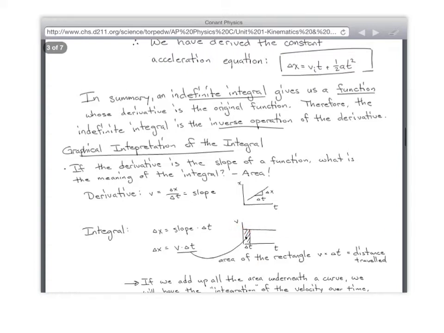Let's say it's 20 miles an hour for 2 hours. If you go 20 miles an hour for 2 hours, how far did you go? 40 miles. How did you figure that out? Multiply the length of time by the velocity. You're at 20 miles an hour, which is this height right here, times the 2 hours, which is that width right there, and you get the area of that rectangle, which is 40 miles. And it even works out with the units too.